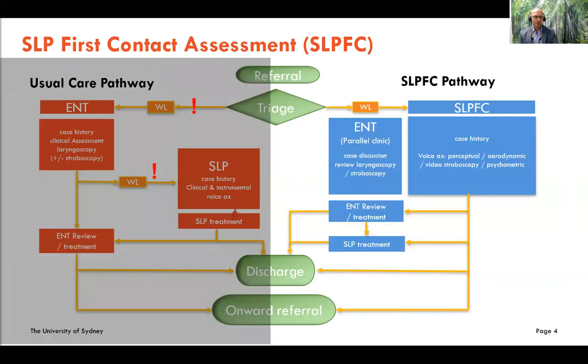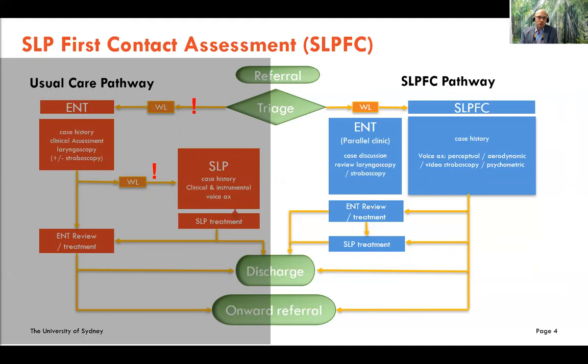The Speech and Language Pathology First Contact Clinic is an expanded scope model where patients can be triaged quickly, with the SLP conducting routine clinical assessments in a parallel clinic to ENT. This follows a case discussion with ENT and a joint review of instrumental assessments before a confirmed diagnosis and treatment plan is agreed.